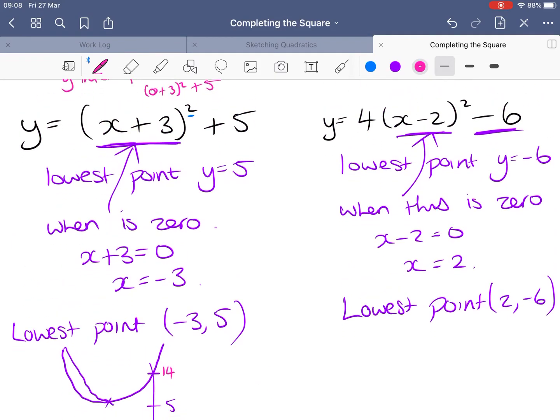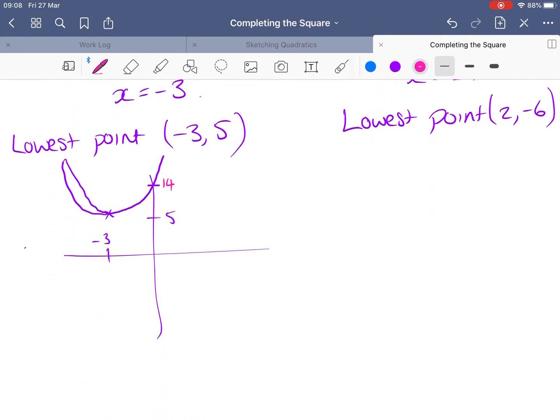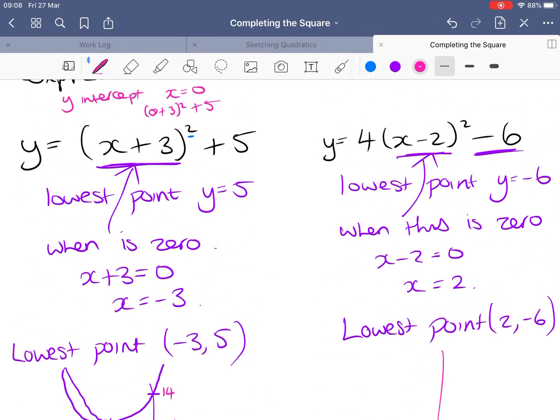Let's have a look at this one. So again, I know my lowest point happens at 2, minus 6. So there's the lowest point there. Let's do what I just did with the other one. My y-intercept happens when x is 0. So I would have 4 times 0 minus 2 squared, take away 6.